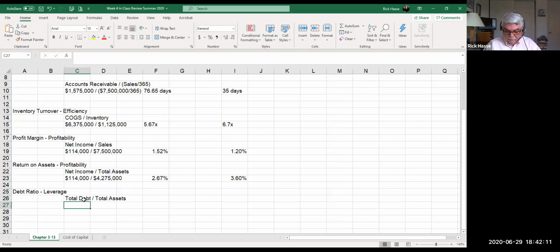All right. Well, total debt in this case, I'm taking all the debt of the company, both short-term, long-term, that is in existence. And I get the total debt of this case is, hang on, $500,000.